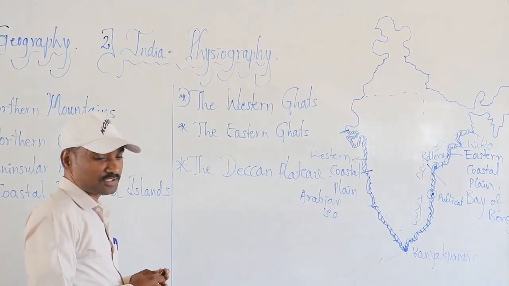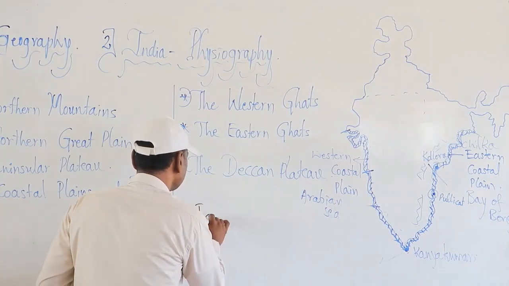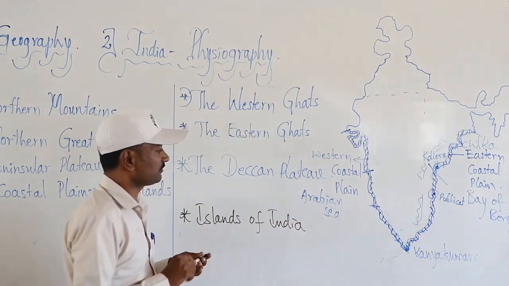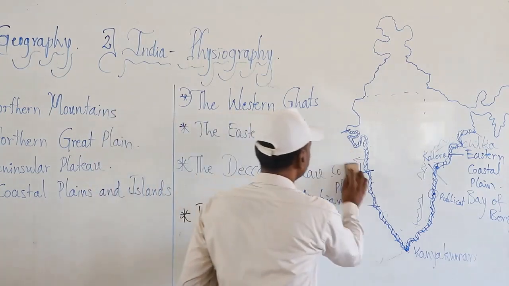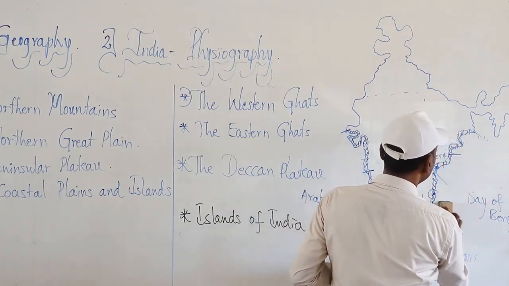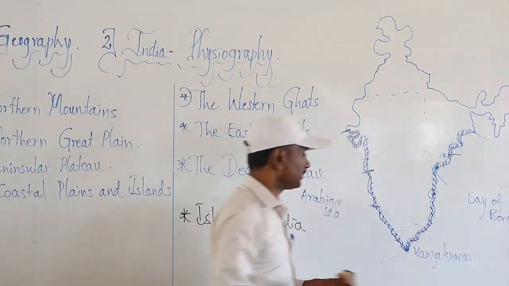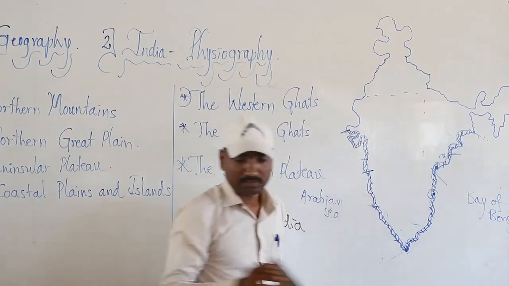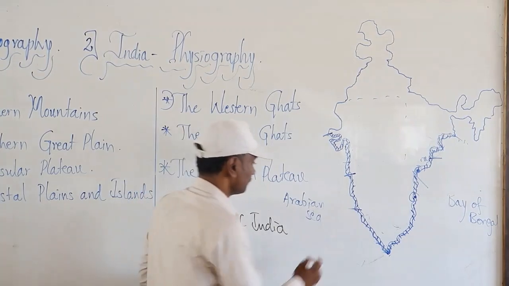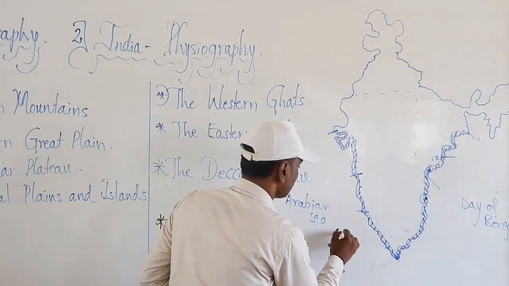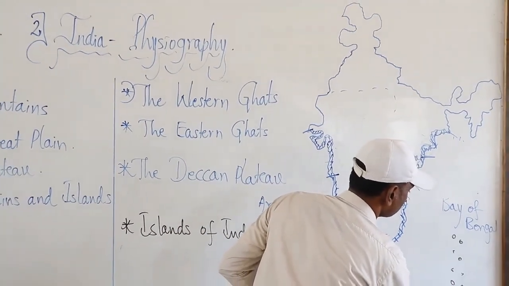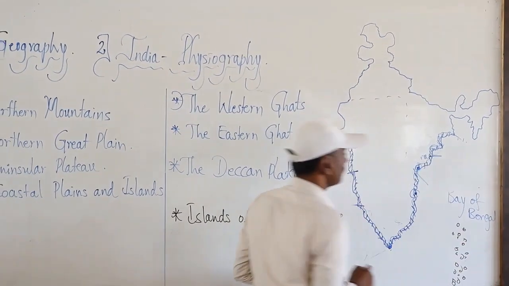Now we are going to discuss the islands of India. In the Bay of Bengal and in the Arabian Sea, totally 247 islands belong to India.